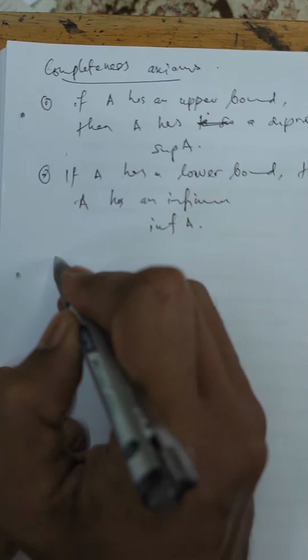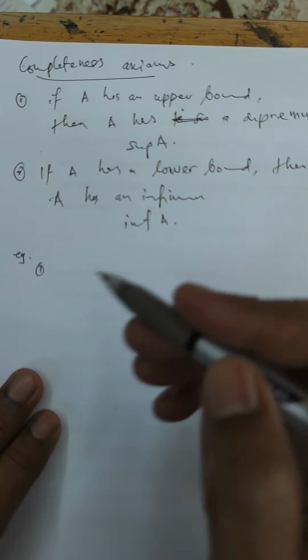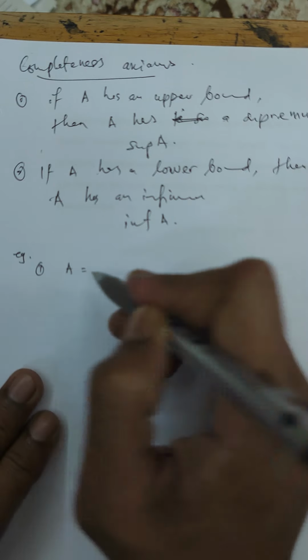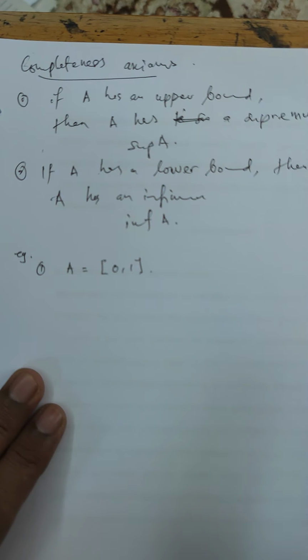Okay, look at this example. First, we consider a set A with closed interval 0 and 1.